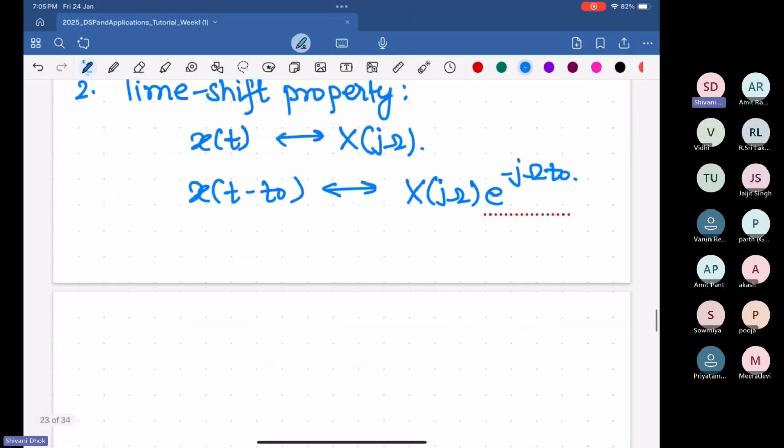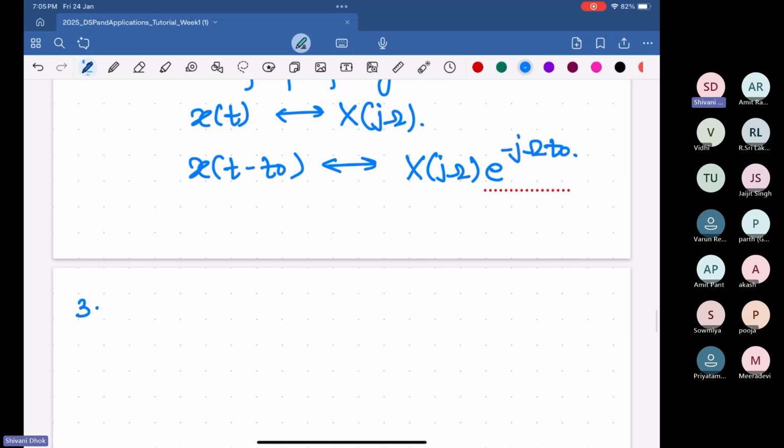Another property that we will be looking at is the complex conjugate property.